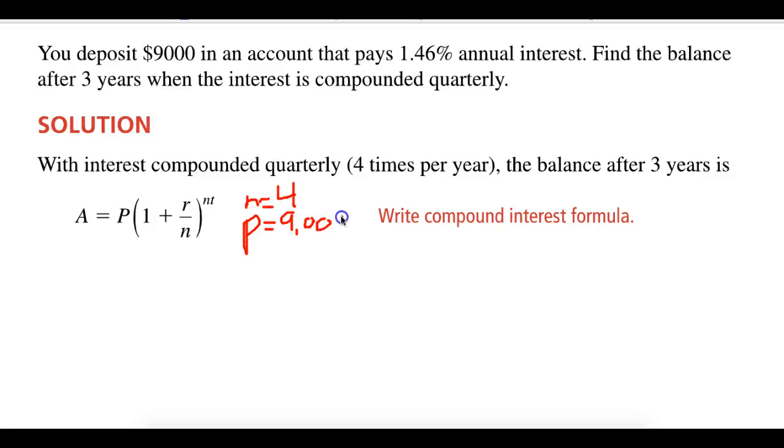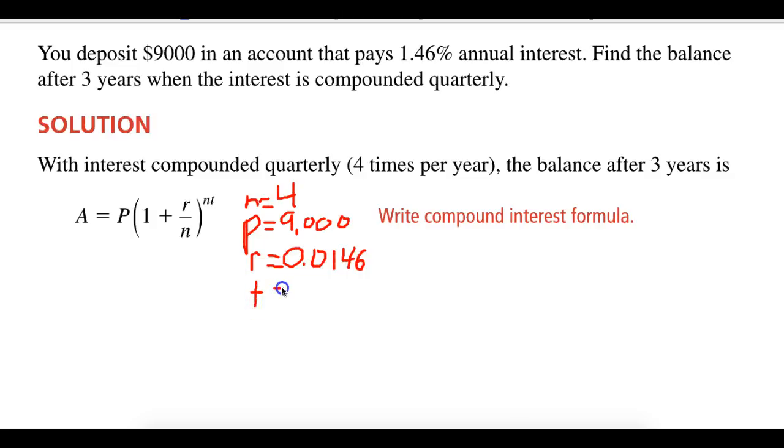We want to figure out our R value. So R, it says 1.46% annual interest. Remember, we just move our decimal place over 2, so that's 0.0146. And in this case, we're trying to find the balance after 3 years.